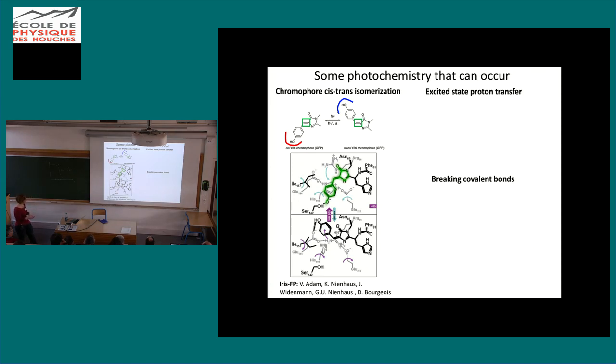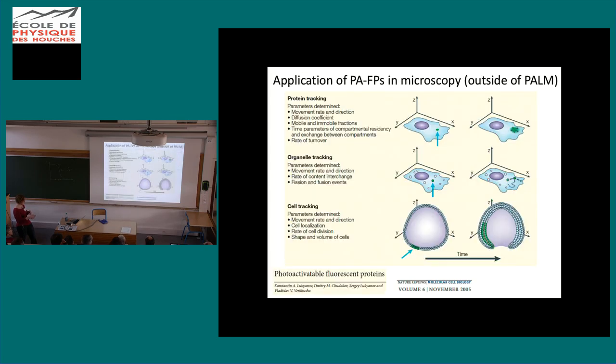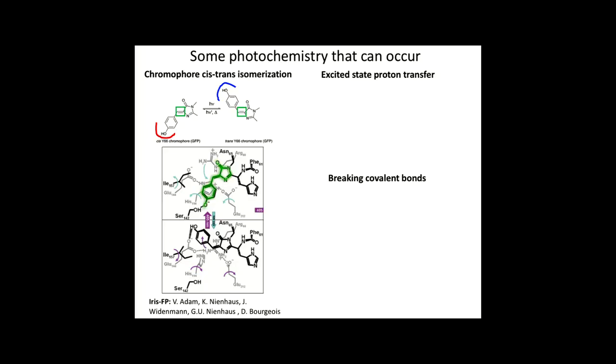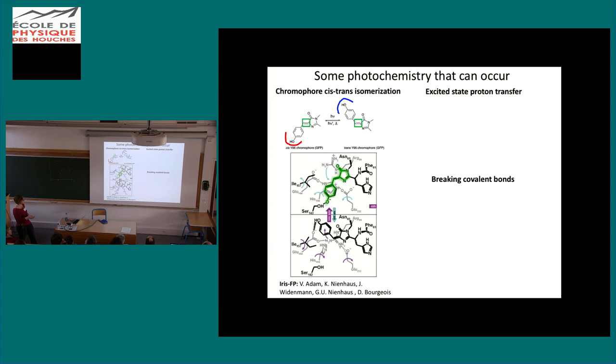And indeed, you can see this is a case where you have the molecule in this configuration, and now the chromophore is deprotonated and interacting with this serine 142. But when it undergoes cis-trans isomerization, it's in a different chemical environment, and now this is protonated and interacting with this glutamate 144. So a different chemical environment.